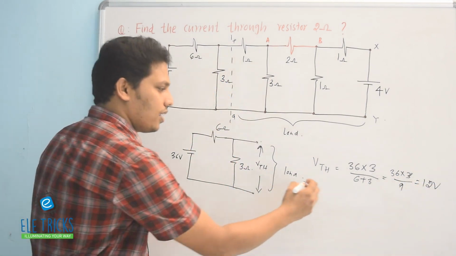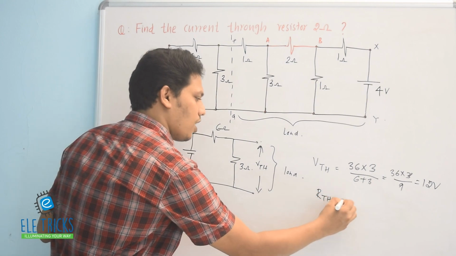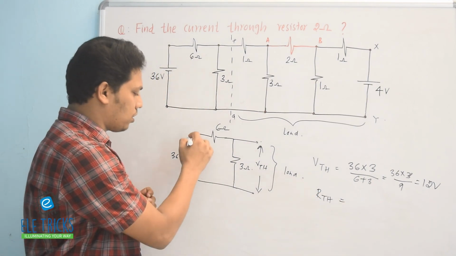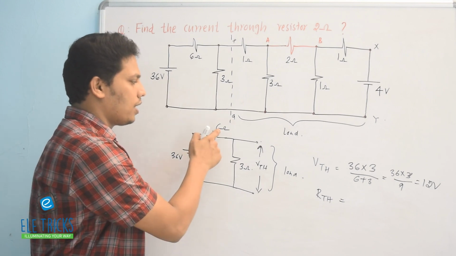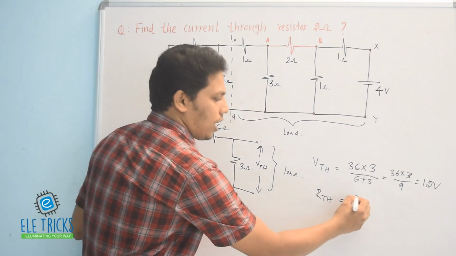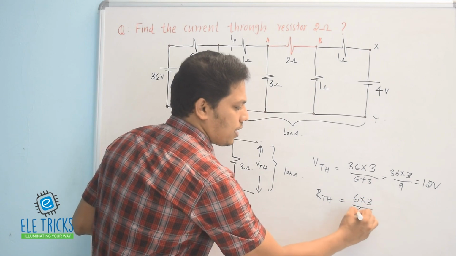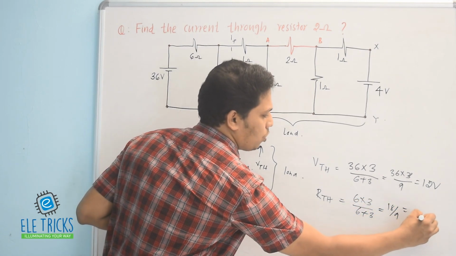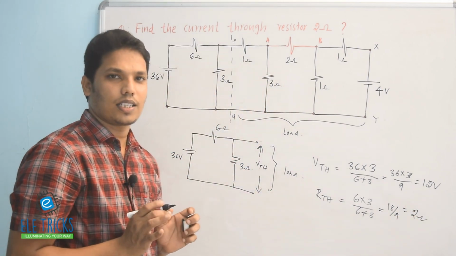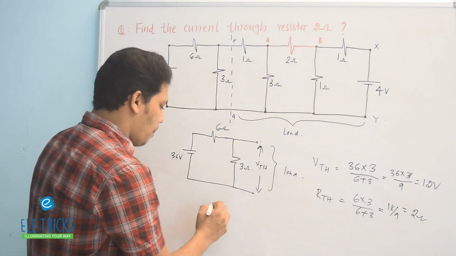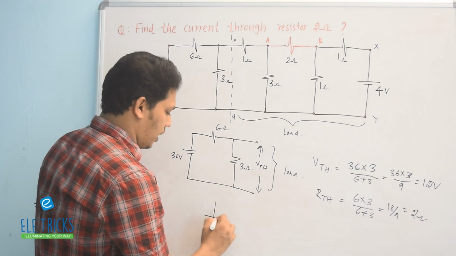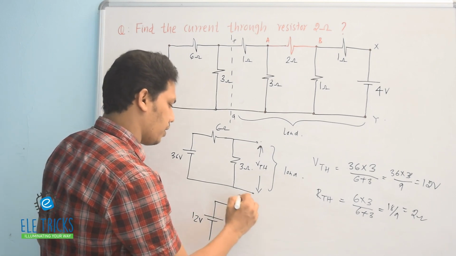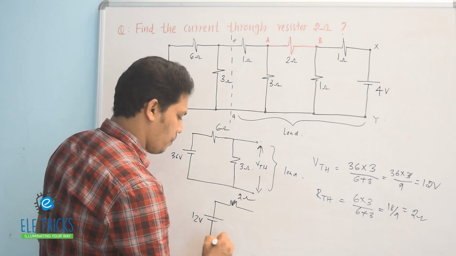Right? Now you find RTH. How can we calculate RTH? You remove this 36 volt source and short it. Then 6 parallel to 3 is 6 into 3 divided by 6 plus 3, that is 18 divided by 9, equal to 2 ohm. Is it clear? It means my new Thevenin equivalent is 12 volt connected in series with 2 ohm.